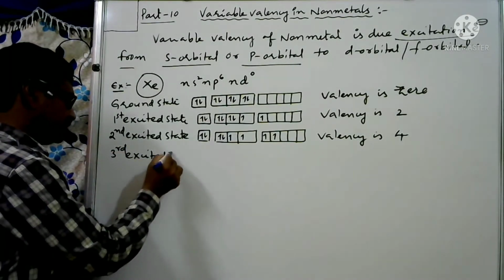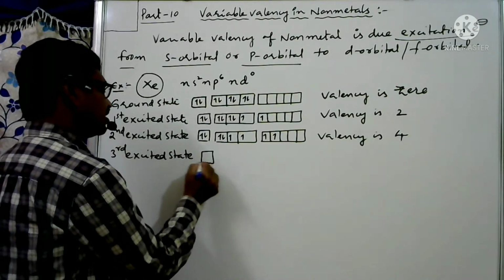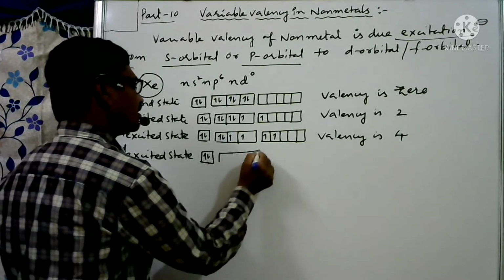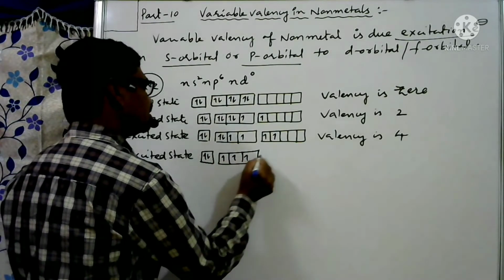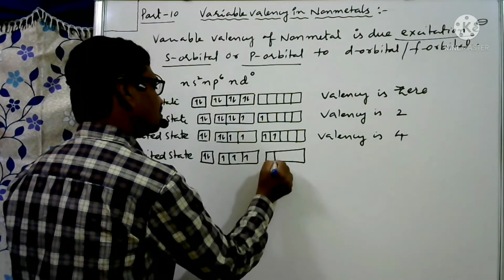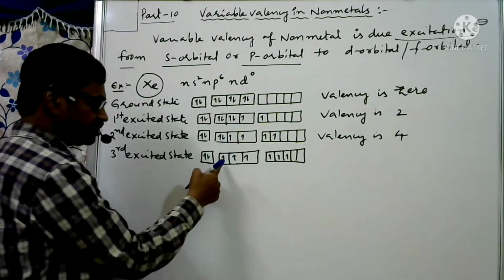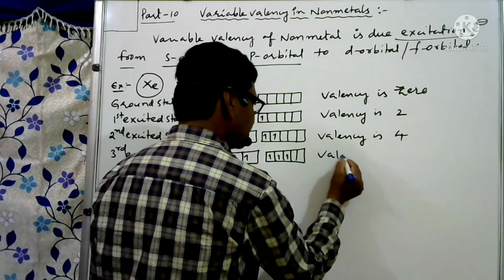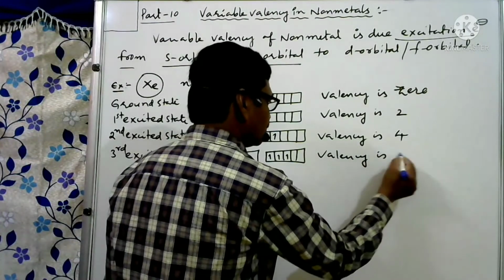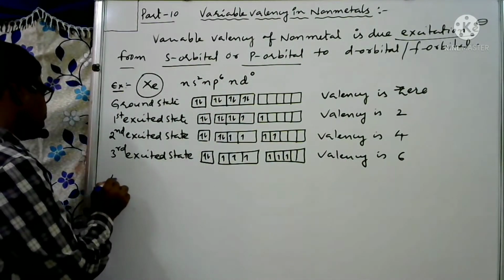In the third excited state, this electron pair remains as it is, and electrons jump from the p orbital to the d orbital. 1, 2, 3. Now how many unpaired electrons? 1, 2, 3, 4, 5, 6. Here the valency is equal to 6. The fourth excited state is also possible.